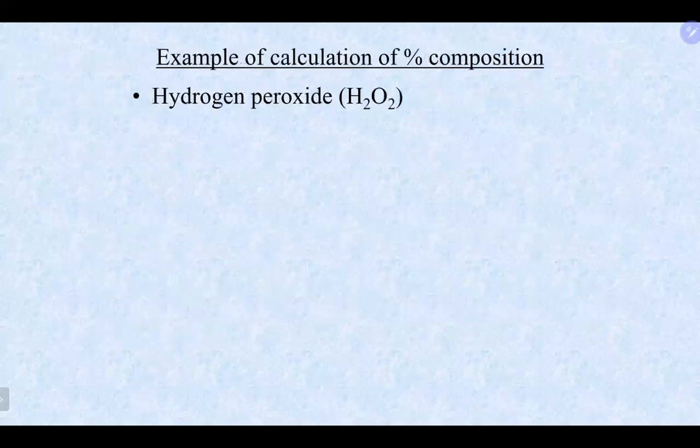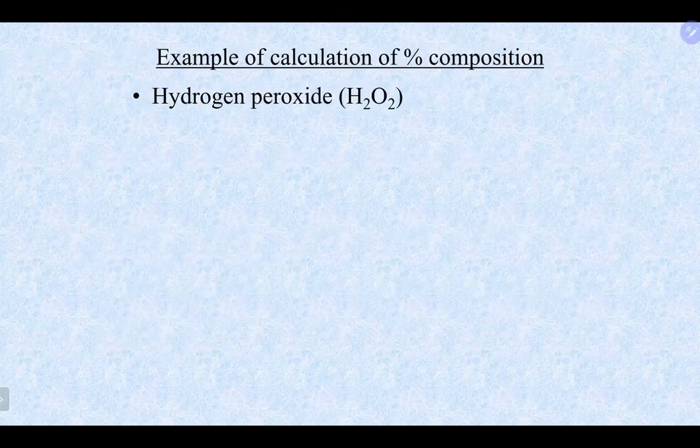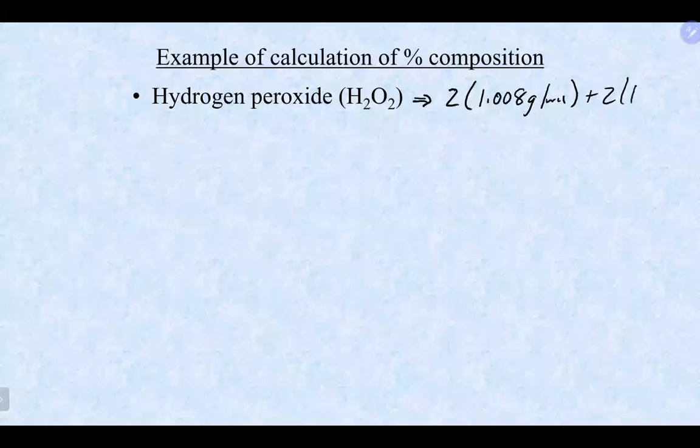If we did hydrogen peroxide and we wanted to calculate the percent composition of hydrogen and the percent composition of oxygen, the first thing we would want to do is get the molar mass of this compound. So from the periodic table, 2 times 1.008 for our hydrogen, plus 2 times 16 for our oxygen.